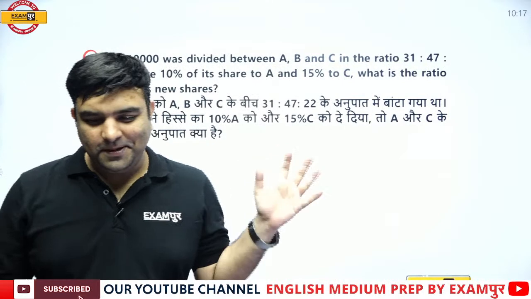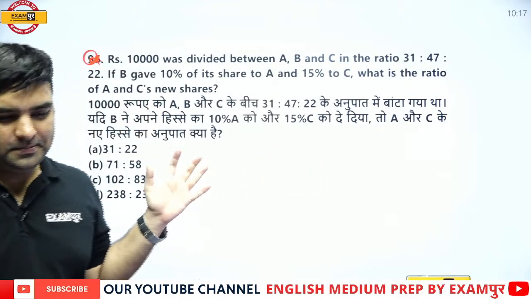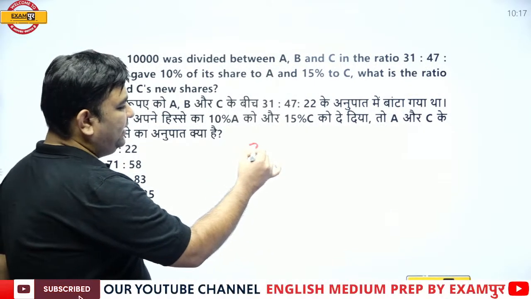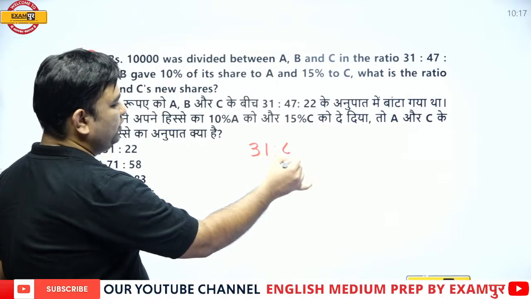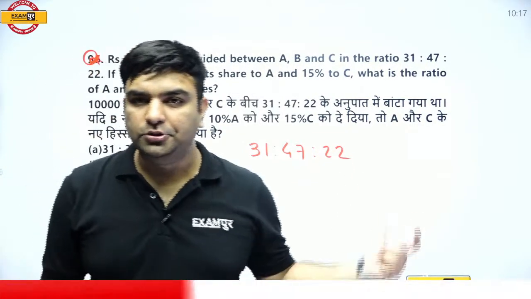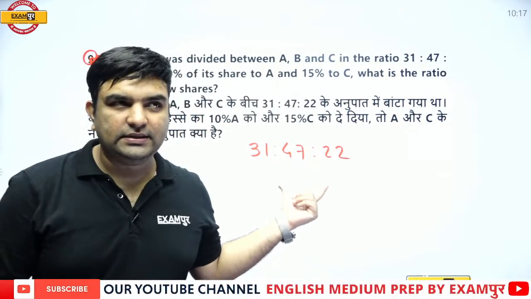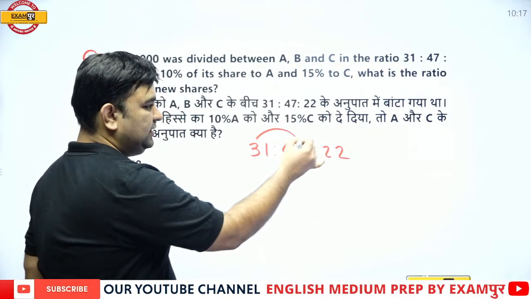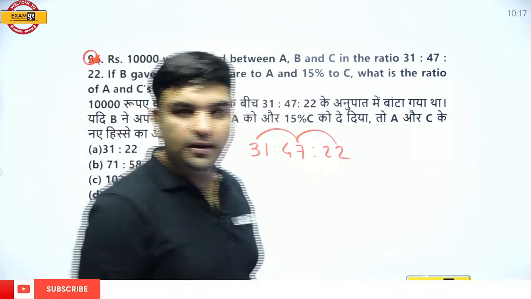You have to divide it in the ratio 31, 47, 22. What is the total according to the ratio? 31 plus 47 is 78, plus 22 is 100.